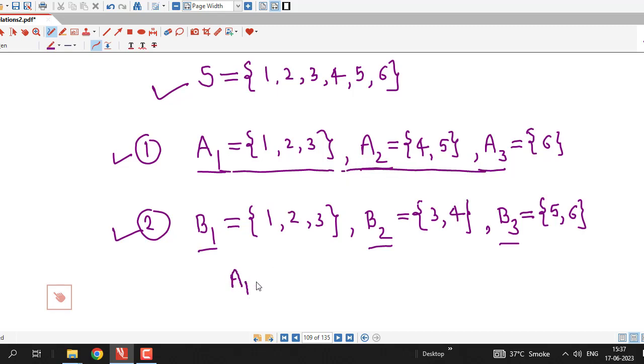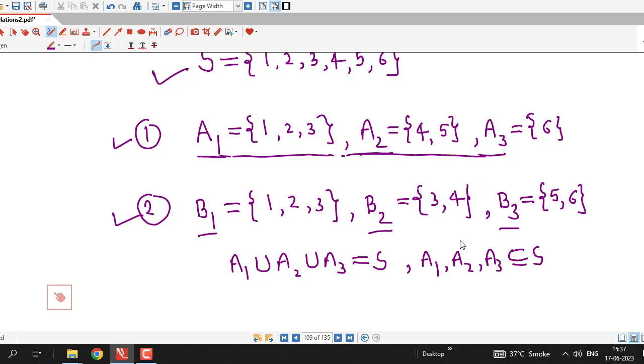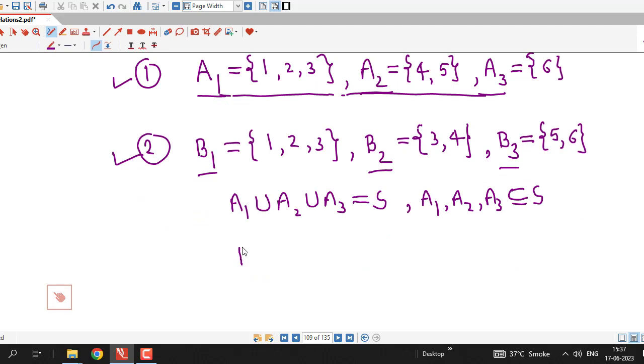For example, the union of A1, A2 and A3 is equal to S, and all of A1, A2, A3 are subsets of S. Similarly, the union of B1, B2, B3 is also equal to S, and all of these are subsets of S.